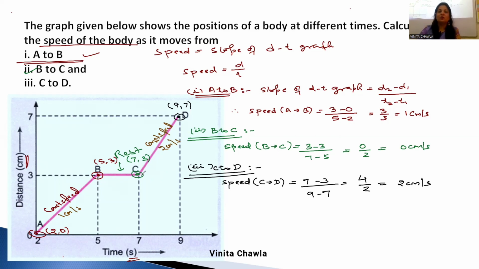If you look at the angle these lines make with the x-axis or time axis, which angle looks greater? This angle is greater. It has greater slope. Greater slope implies greater speed.